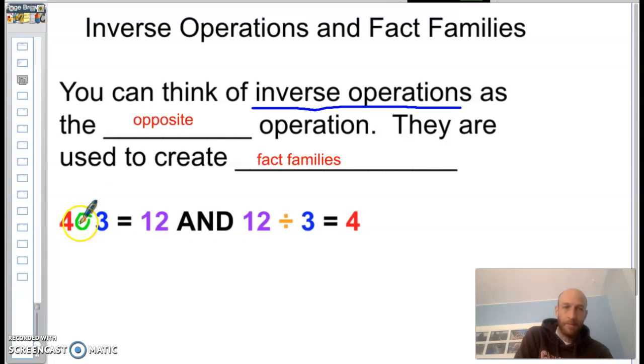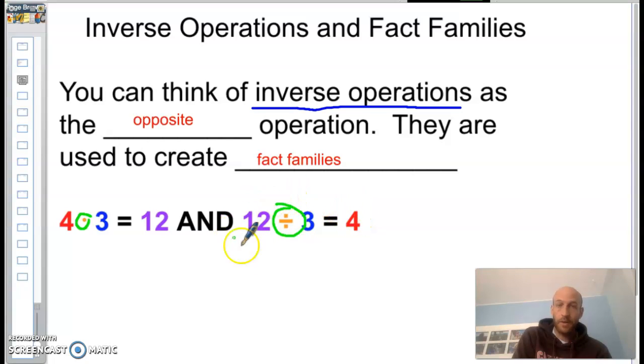So the opposite of multiplying is dividing. And you can see 4 times 3 is 12. So if we go the opposite order and use the opposite operation, we can get the correct answer. 12 divided by 3 equals 4.